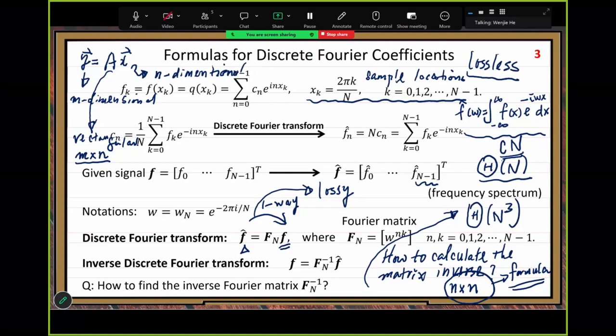Think about if capital N equals 1,000, N cubed is 1 billion, right? That many multiplications.